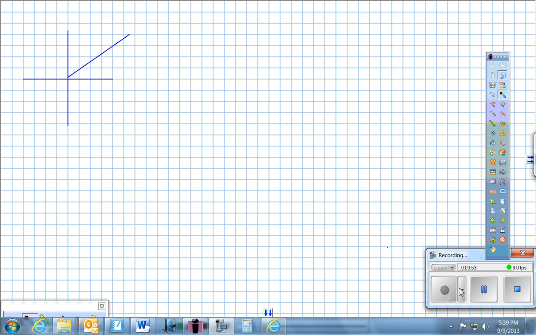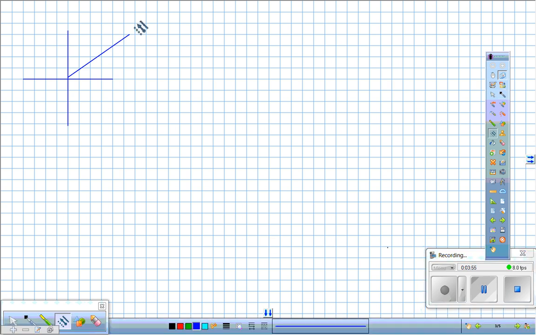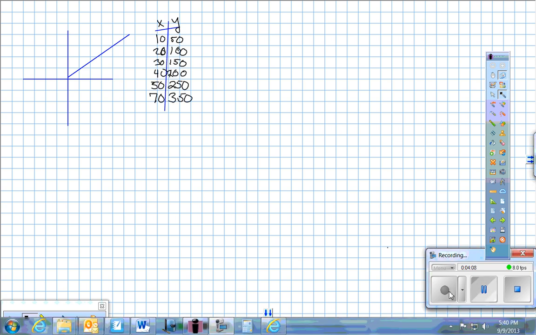You will first see if your x's go up by the same amount and if your y's go up by the same amount. So on the left side of page 93, we have the following values.